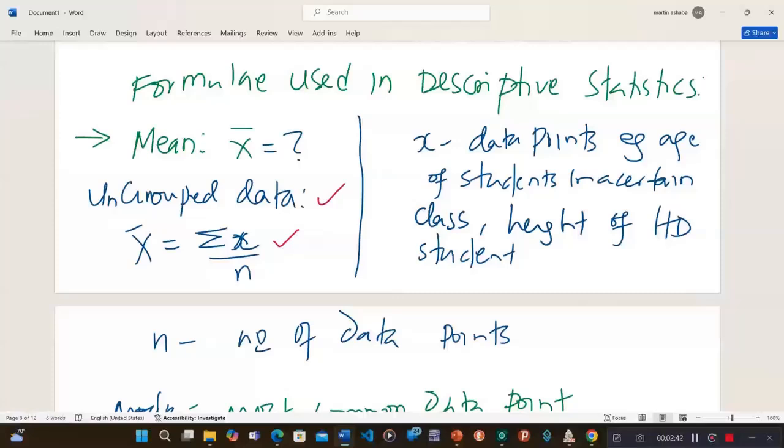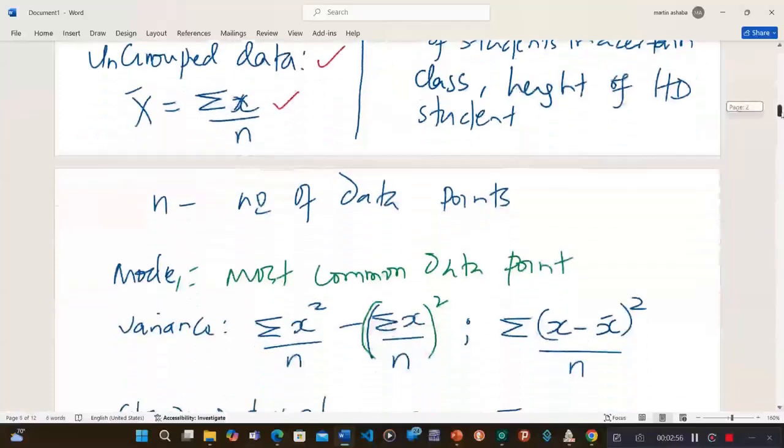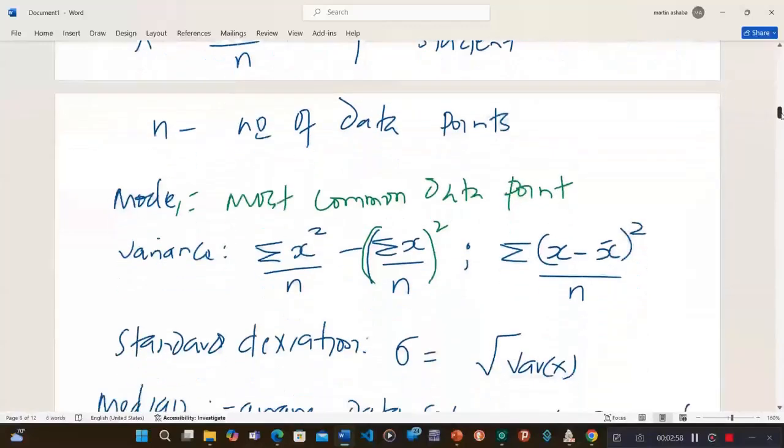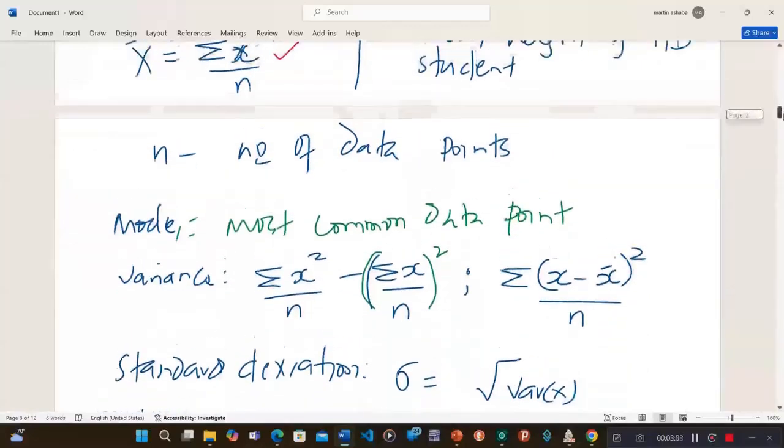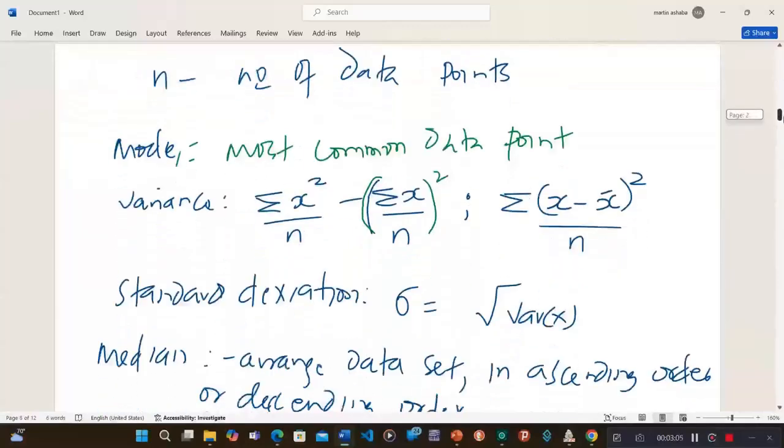It can be height of students doing higher diploma. It can be the weight of mothers in a hospital. It can be the weight of born babies in a particular hospital. Then n is the number of the data points in the sample that we have selected.